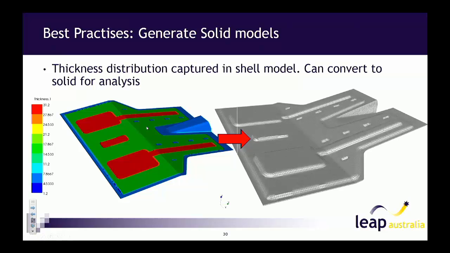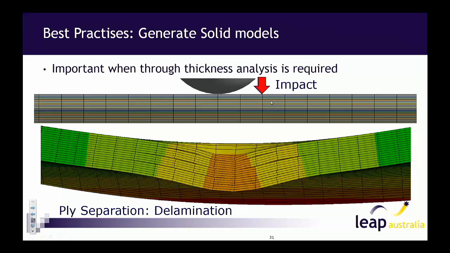So what we can do is we can turn it into a solid model through ACP that will extrude the thickness from every element until it forms a solid model. We can do that per ply, or you can do it just as a monolithic thickness. So this is important when we're dealing with very thick parts. This is also important when we're dealing with through thickness properties, things like impact resistance, things like delamination.